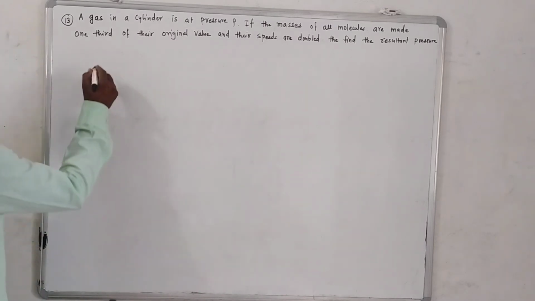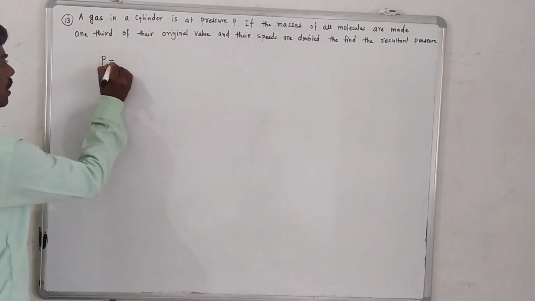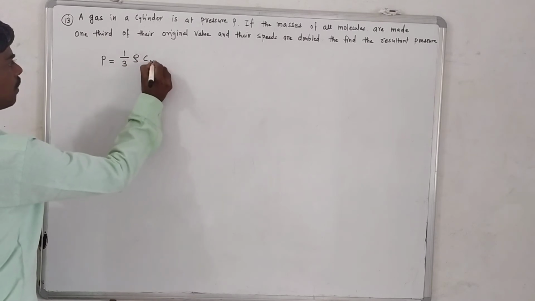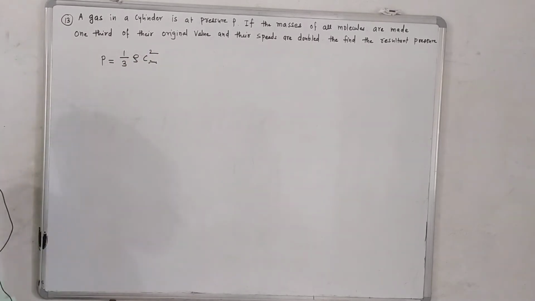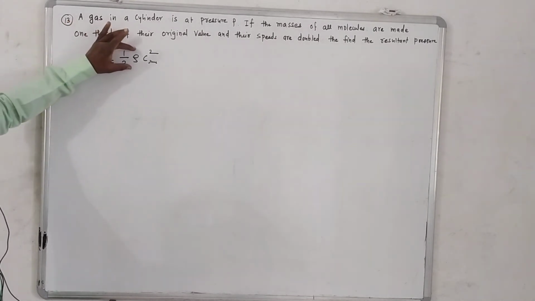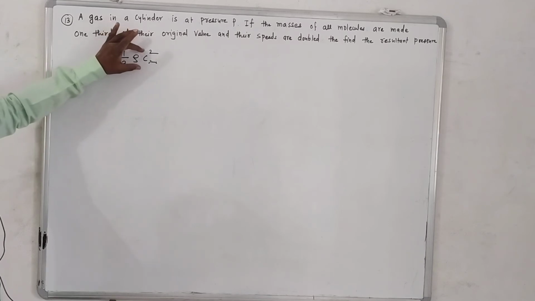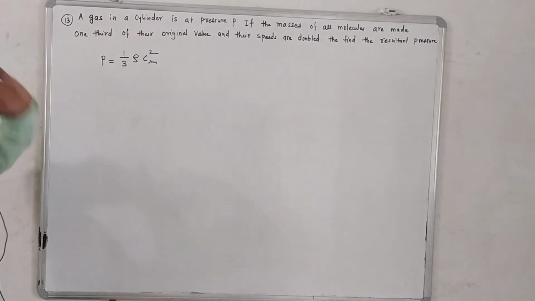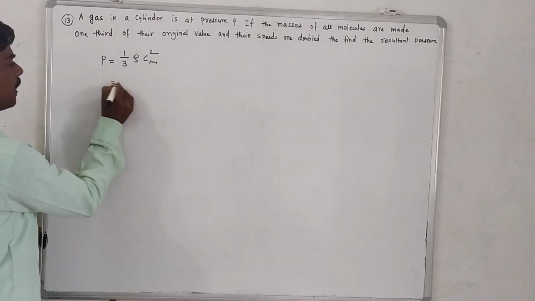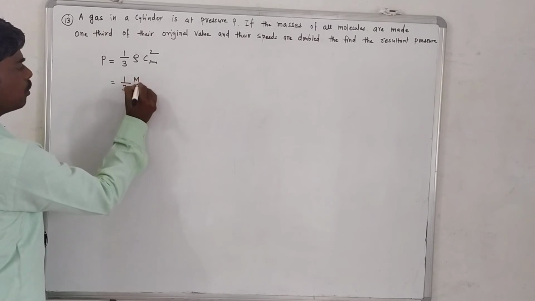According to the kinetic theory of gases, P is 1/3 rho C RMS square. This is a very famous relation. P is pressure, rho is density, and C RMS is the RMS velocity of molecules. We can represent density as mass upon volume.